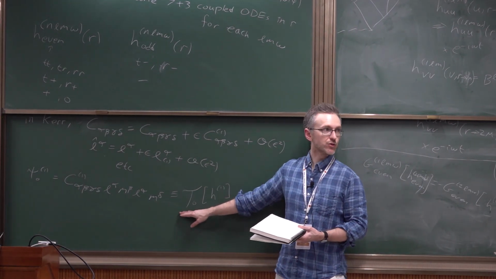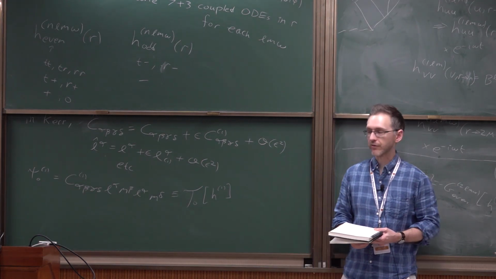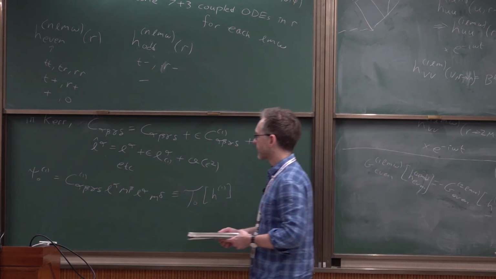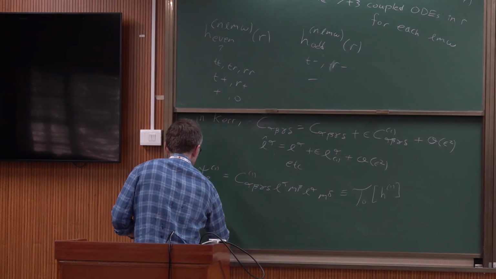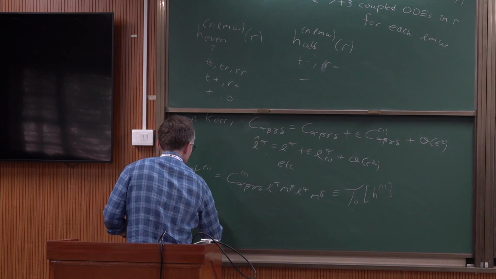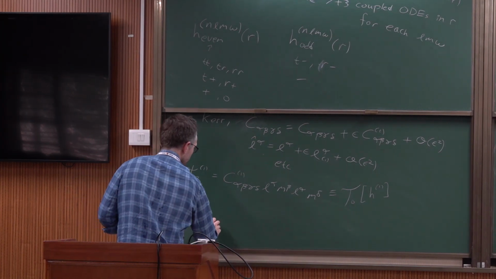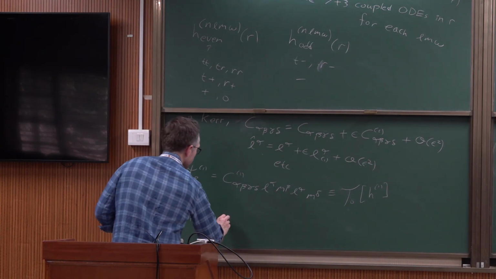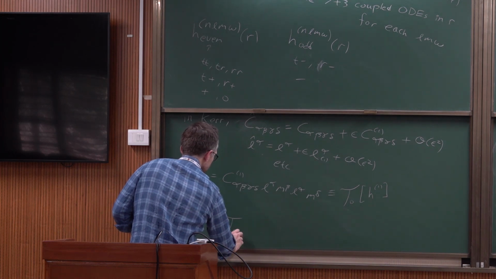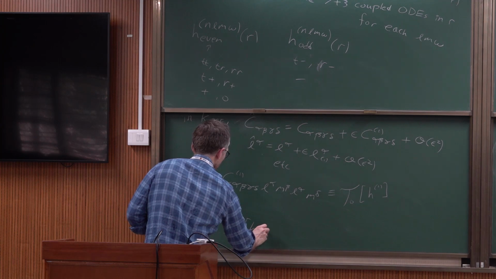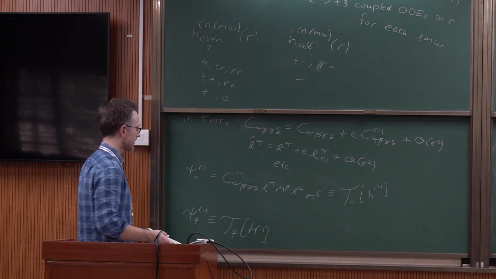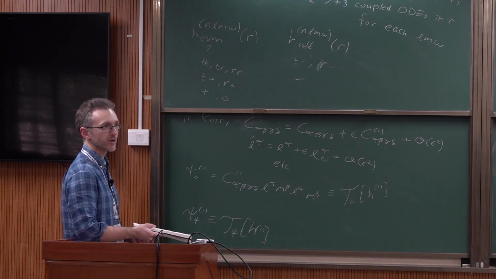It involves up to two derivatives, so it's a linear second order differential operator. Psi 4, exactly the same story. I'll skip the expression in terms of C1. Let's write it as just a linear operator, T4, acting on h1. Again, it's a second order linear differential operator.